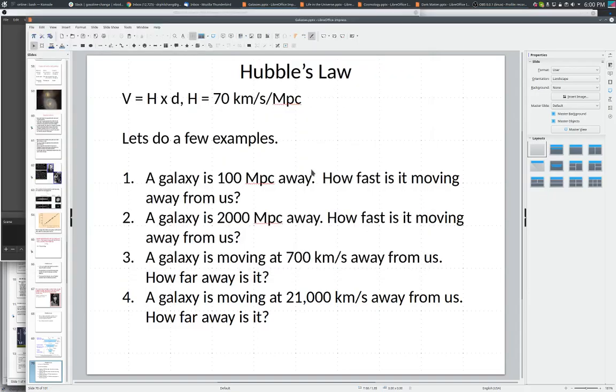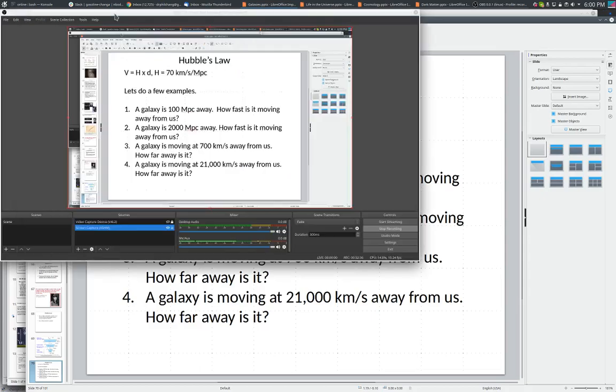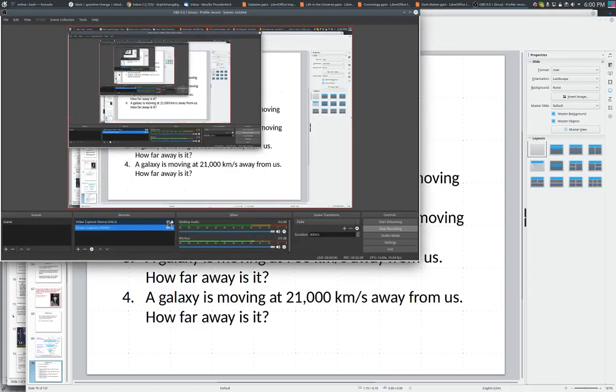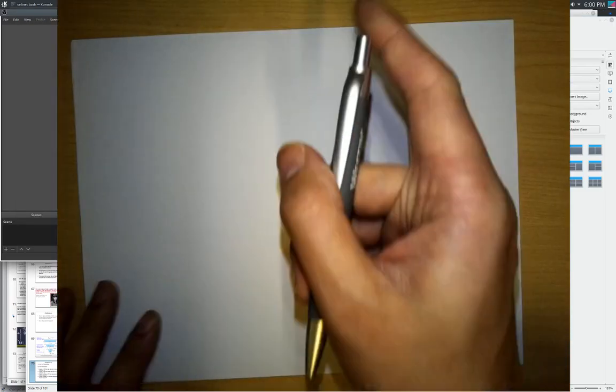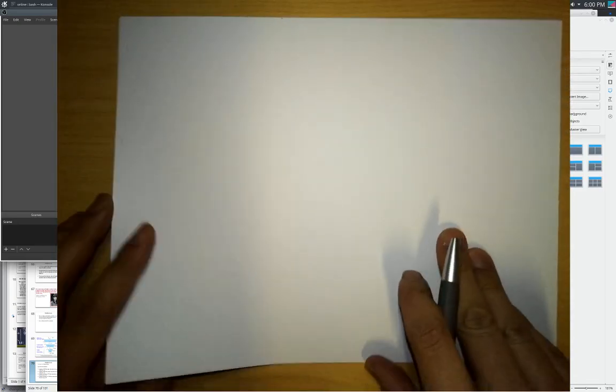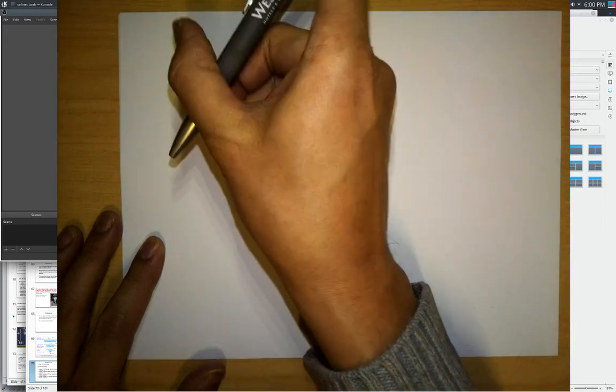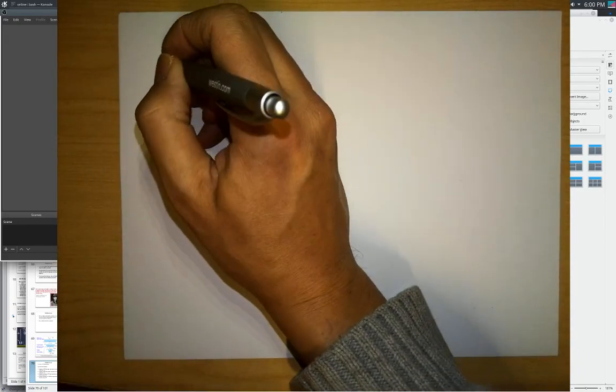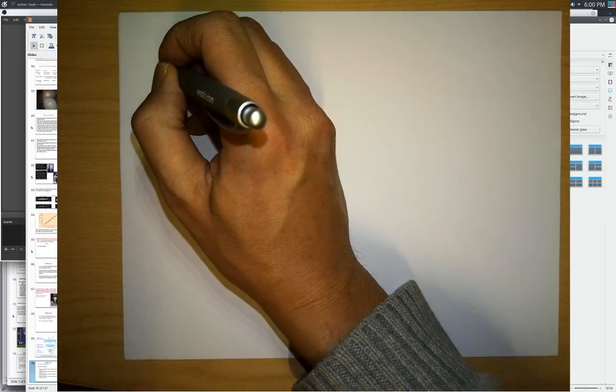Okay, now the first one: a galaxy is 100 megaparsecs away. How fast is it moving away from us? Okay, so let's write down Hubble's law first.